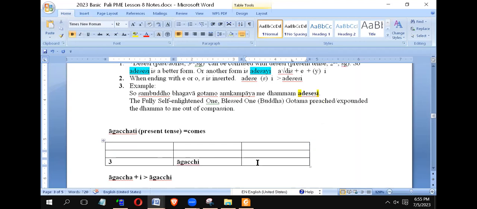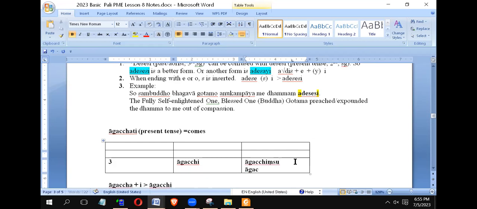Agachinsu. But another one is agachum. Later we check whether we have this one. Then the second person is the same, agachi, or maybe with the o, but I think the o should not be here. Another one is agachittha, with the double T. So this one will be agachim.